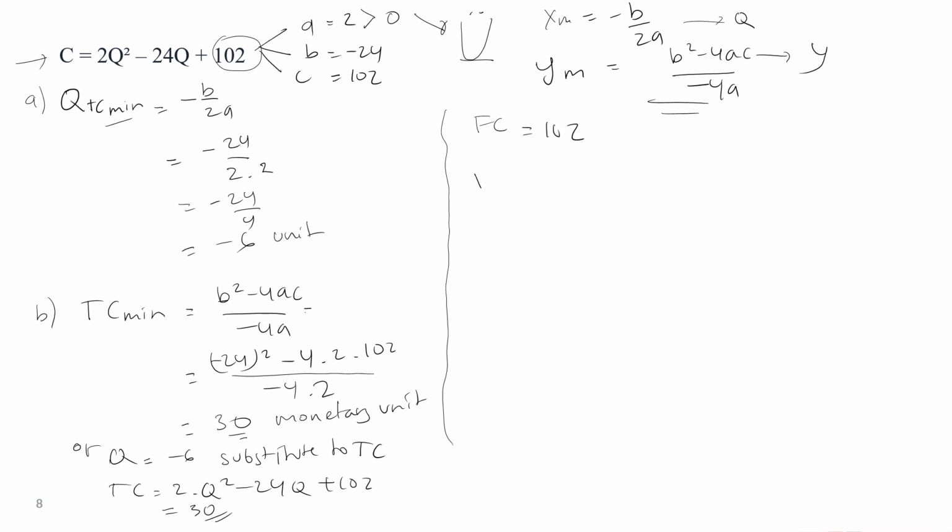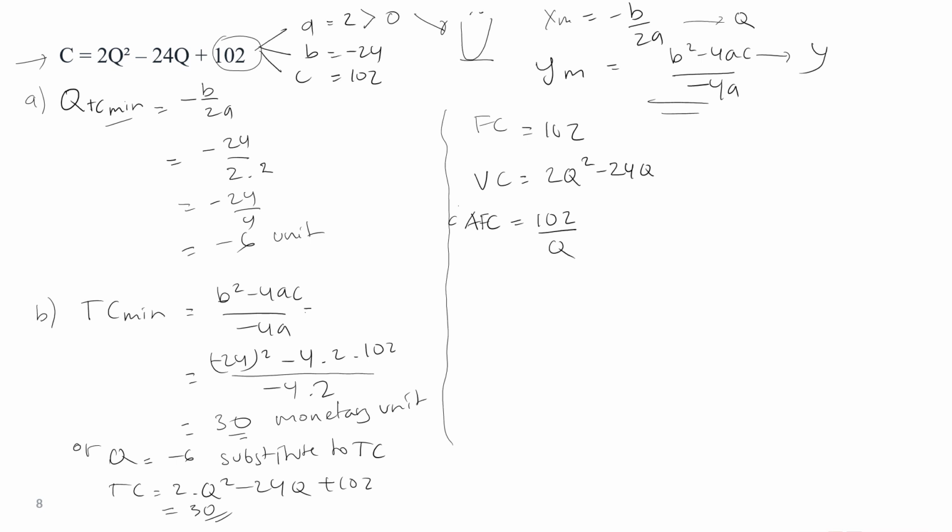And the variable cost is the one with the q beside the coefficient. So 2q quadrat minus 24q. Okay, so the average fixed cost will be 102 over q.